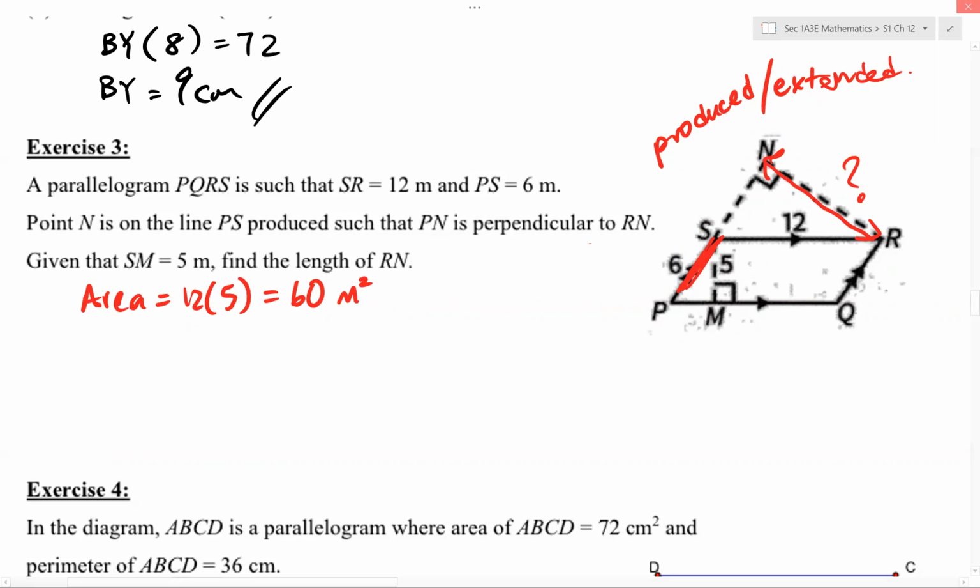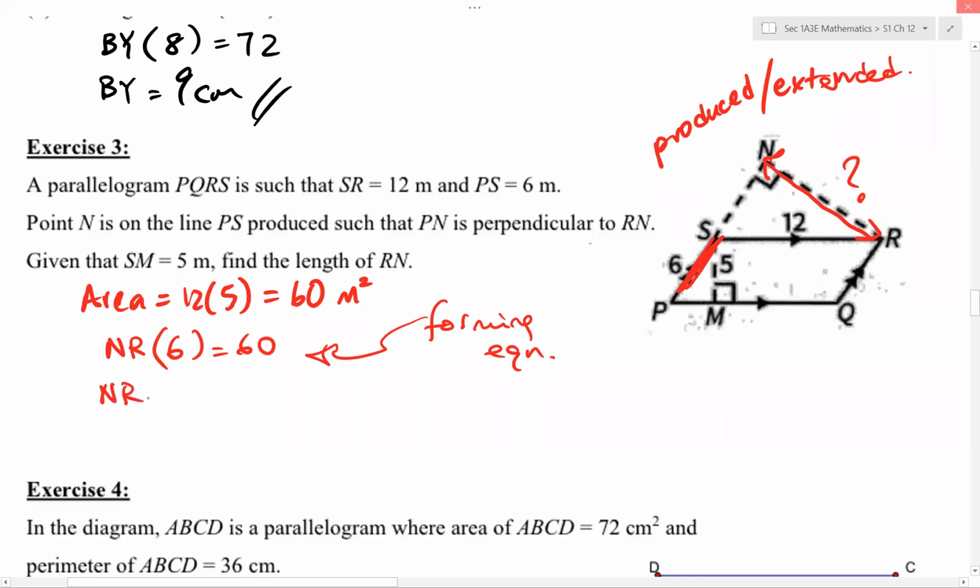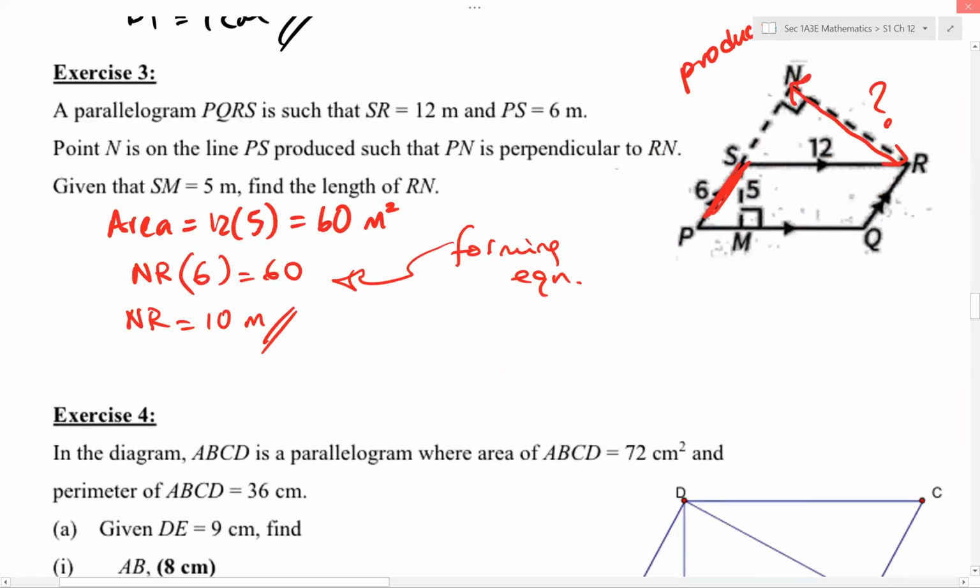So form the equation. NR times 6 equals 60. I am using a different base with its corresponding perpendicular height. So NR must be 10 meters. NR, RN, same. Since the question asks for RN, I should put RN.